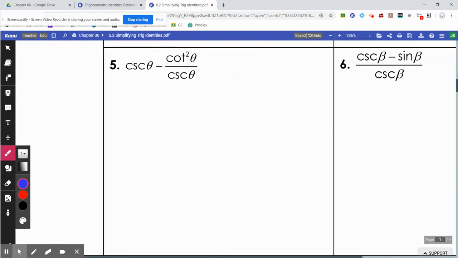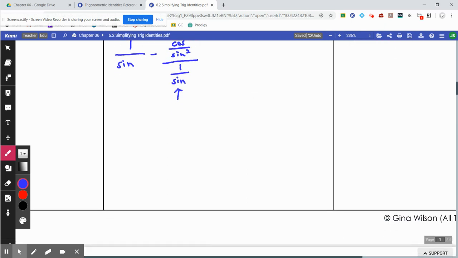Number 5. Again, cosecant I know is 1 over sine, minus cotangent squared over cosecant. Well, cotangent I know is cosine over sine, so cotangent squared would be cosine squared over sine squared. And then we have divided by 1 over sine. The second complex fraction, let's go ahead and flip and multiply.